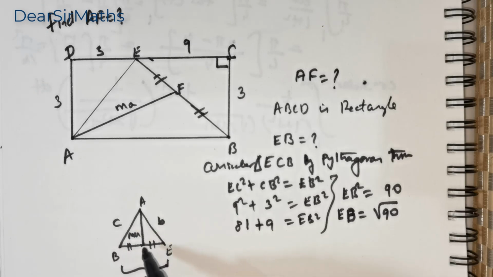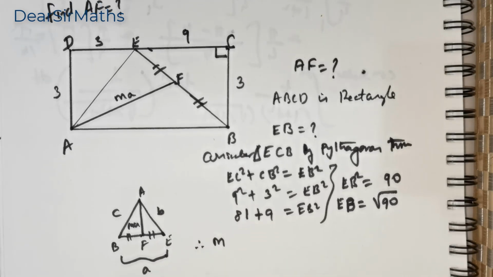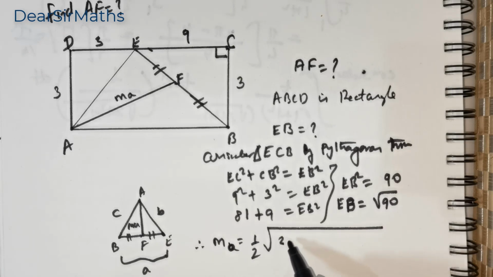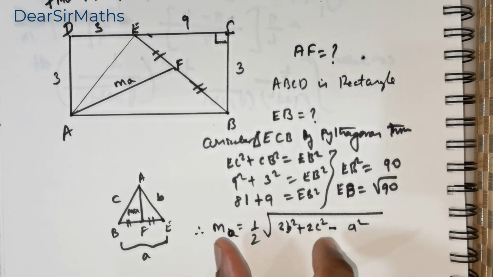In fact, when I say C, it is the side opposite to E, right? So the formula that we have studied earlier is MA equal to half times root of 2 times B squared plus 2 times C squared minus A squared. This is the formula we studied, right? I will be employing this formula.